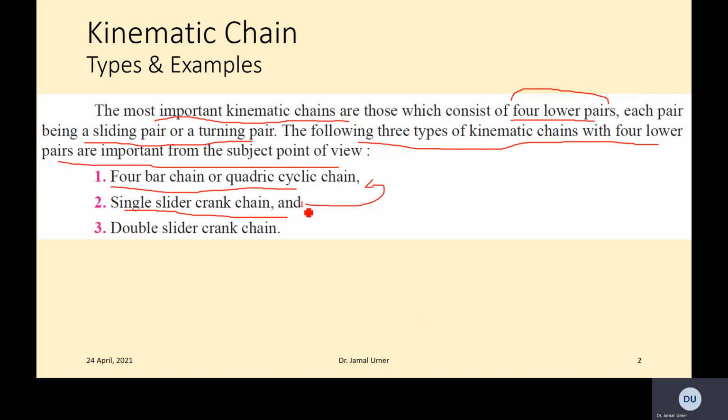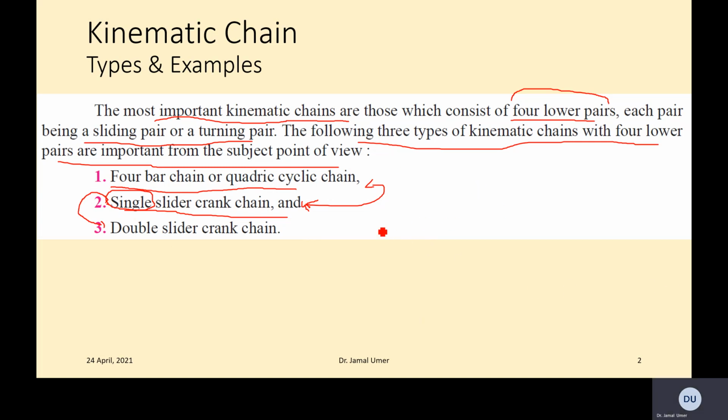Basically it is a similar thing, but here we are doing a little bit more of a different classification. That's why this has been discussed separately, and the term single is introduced here because there is a possibility where you have a double slider as well. So that will be another classification. In this lecture we will discuss each mechanism in a little more detail.